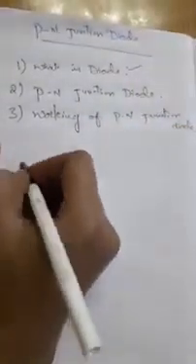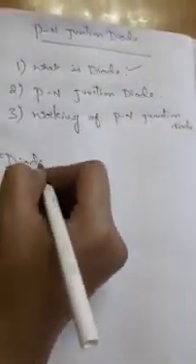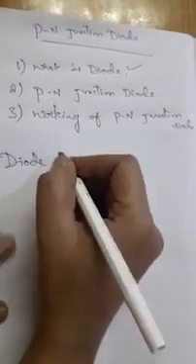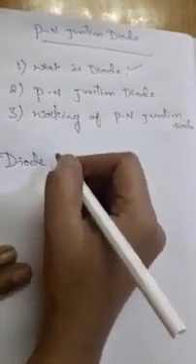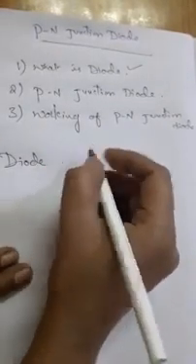So first of all, what is diode? A diode is an electronic device which consists of two electrodes, namely cathode and anode.